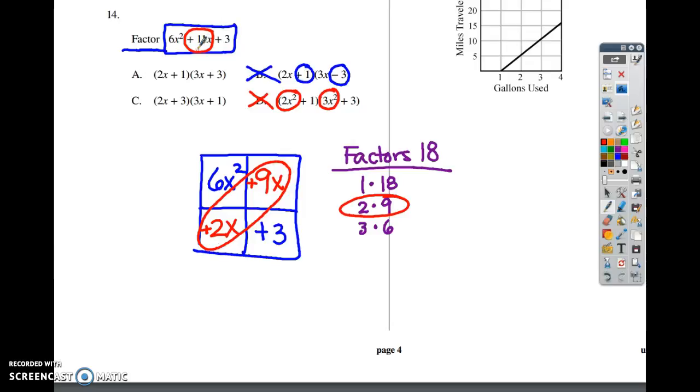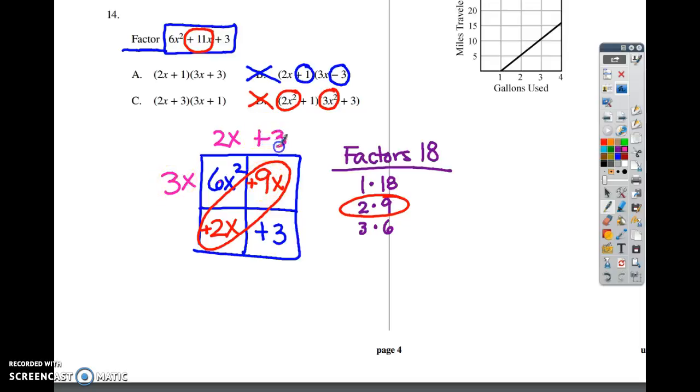And then you find the outside ones. So if you look at your answer choices, obviously one of them is going to be 2x and the other one's going to be 3x. Both of these can be divided by 3, so I'm going to put 3x here. And both of these can be divided by 2, so I'm going to put 2x here. And then you divide. What's 9 divided by 3?